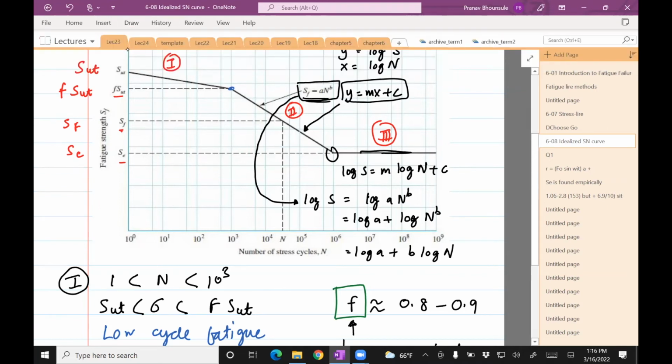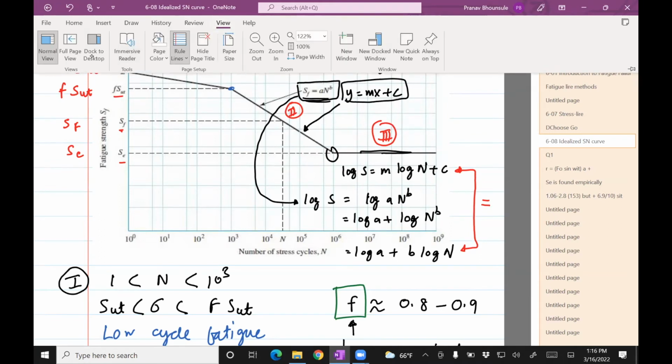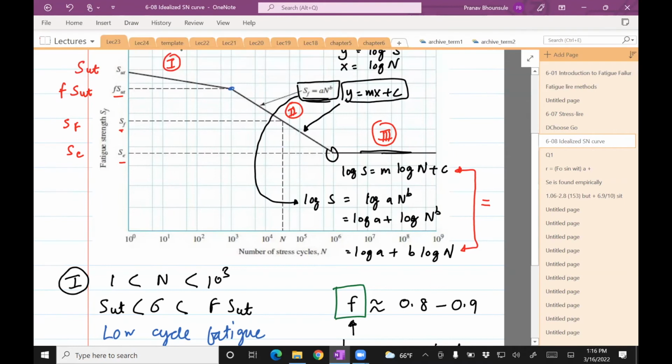And so now you can easily see that for this equation and this equation to be the same, what do we need to have? We need to have c equals log A. I'm just equating the constant, and then m should be b.